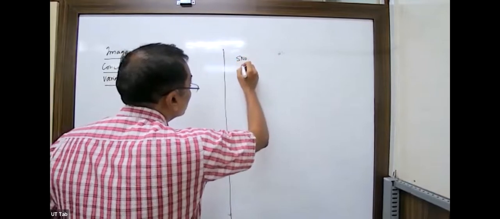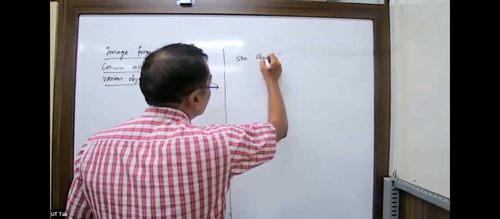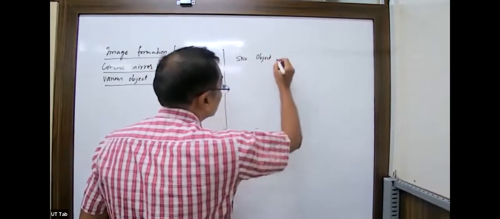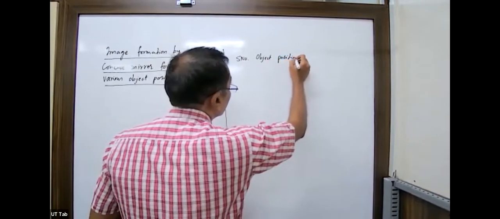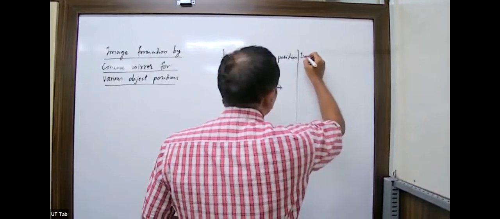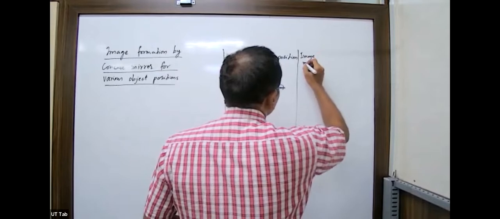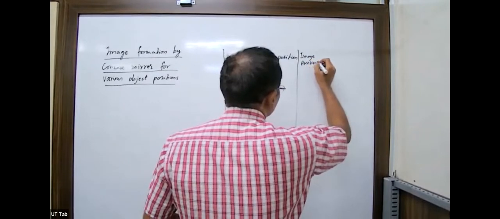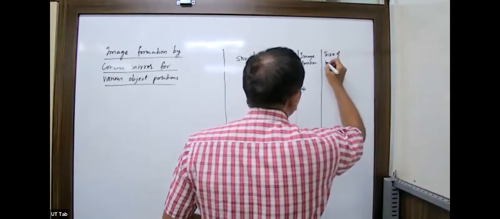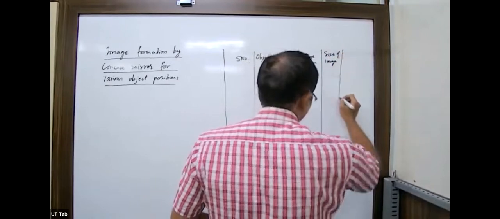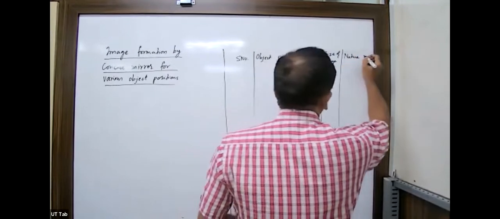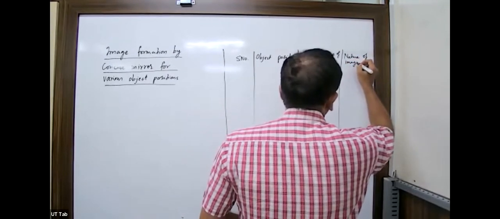Serial number, object position, then image position, size of the image, and nature of it. This is what we will summarize.